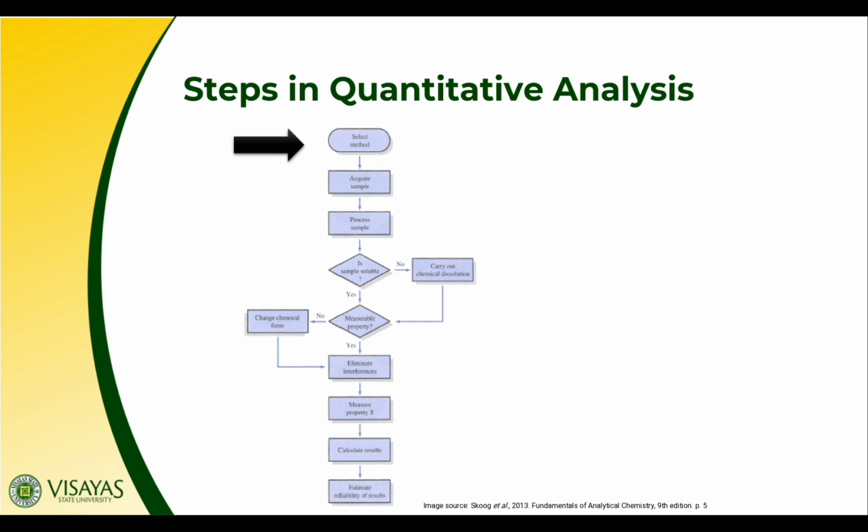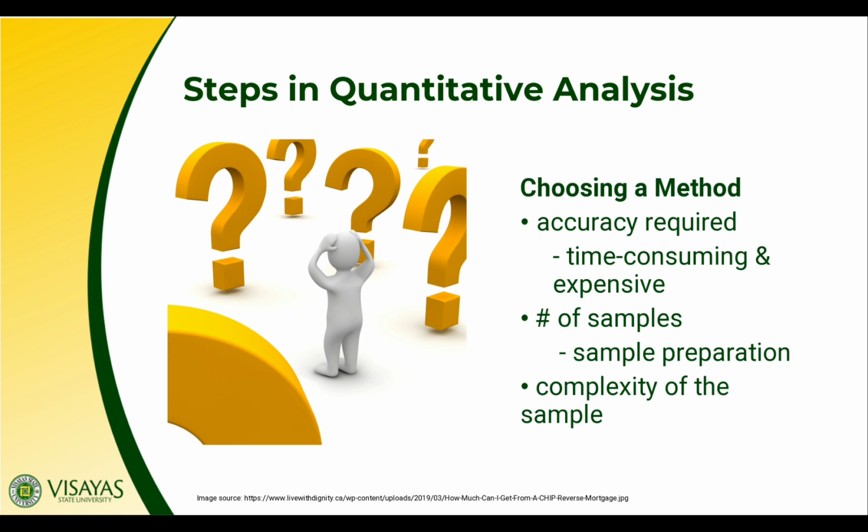As you establish or identify the chemical species present, then you may proceed with the quantitative analysis. The first part of this quantitative analysis would be to select what method you should employ. So mainly, again, we have four: gravimetric, volumetric, spectroscopic, or the electroanalytical methods.